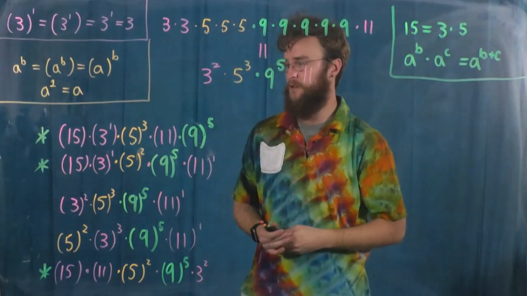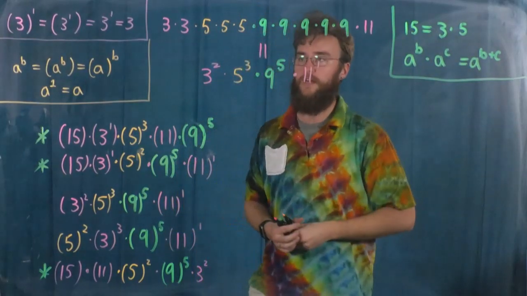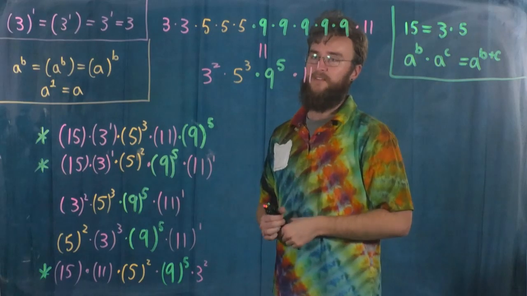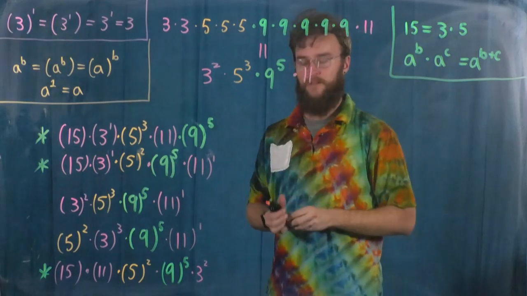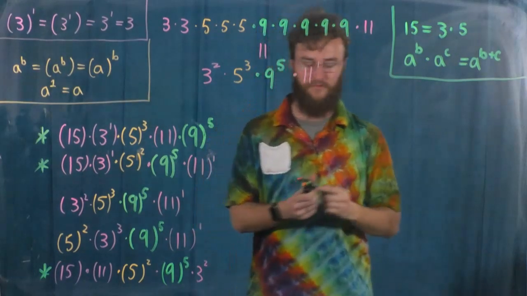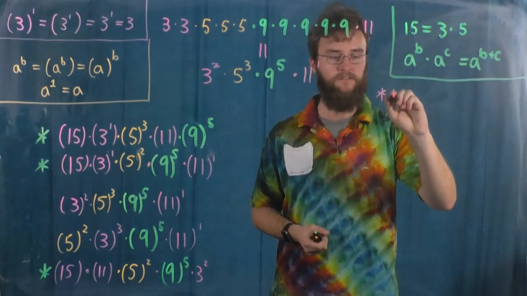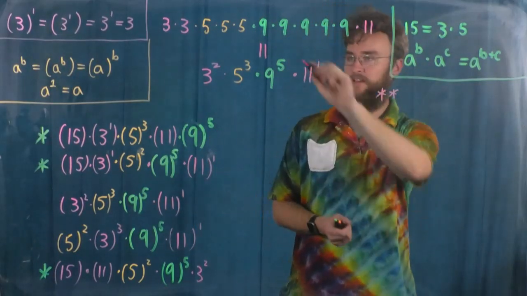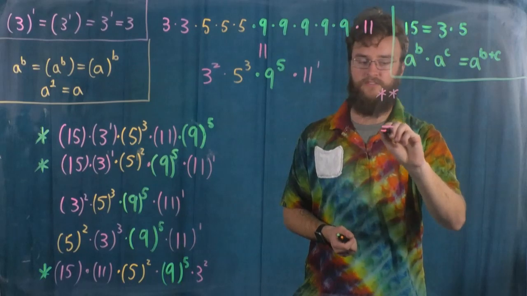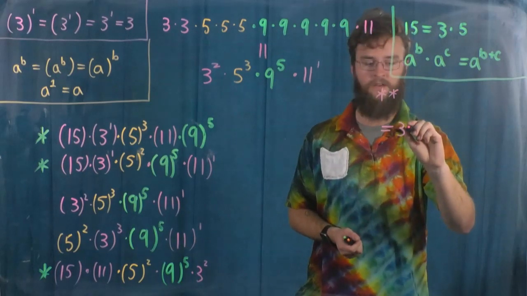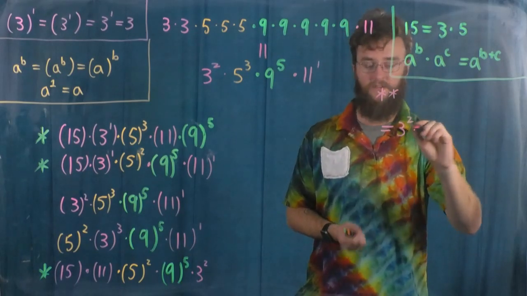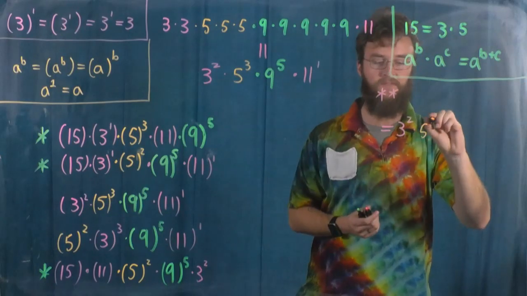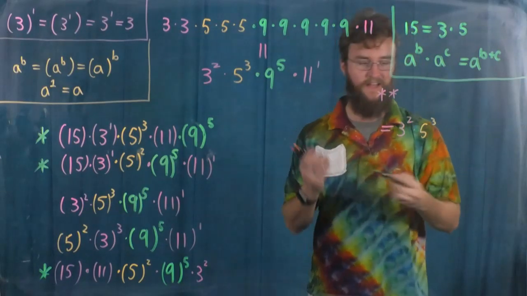But that's going to end up creating a bit more work. So let's just say you do try to get rid of the 9s that way. So put as a side note over here, 2 stars, that this product is also equal to 3 squared times 5 cubed. And I'm going to rewrite 9.